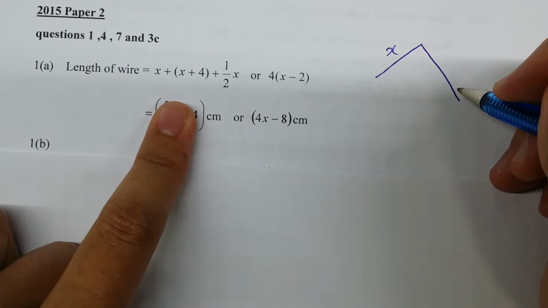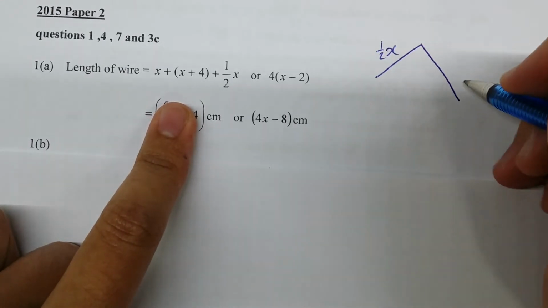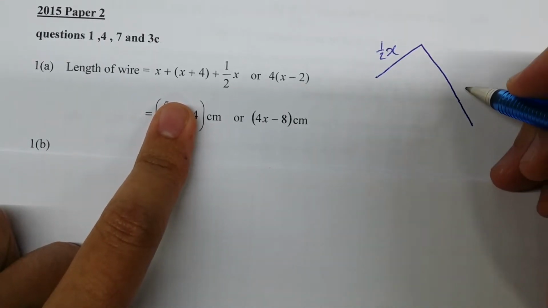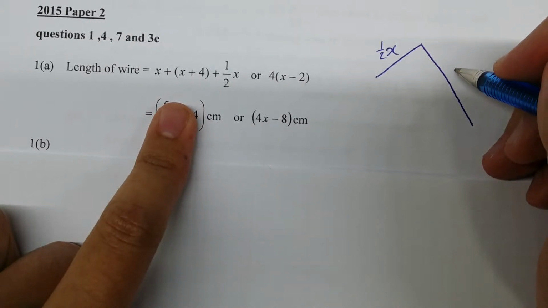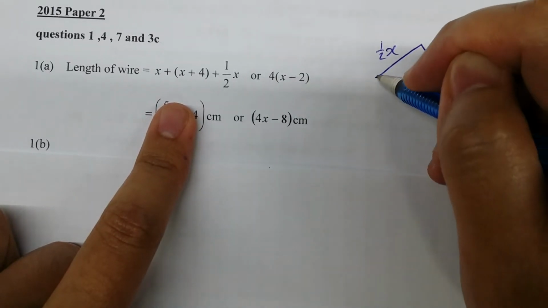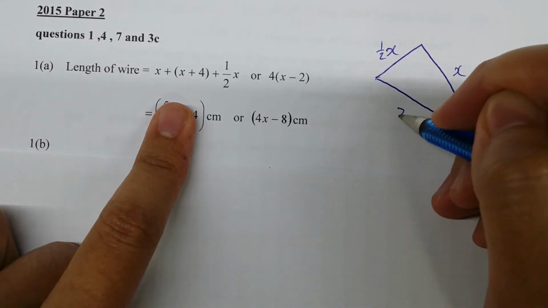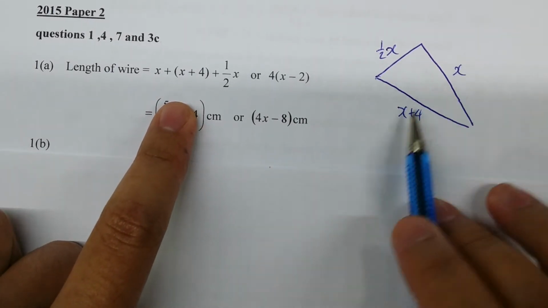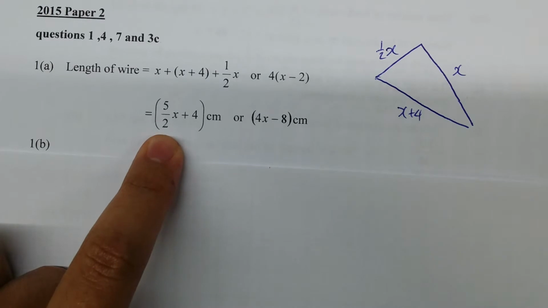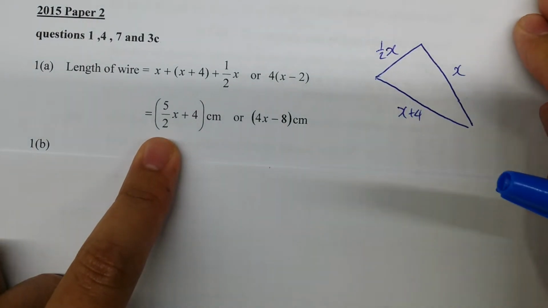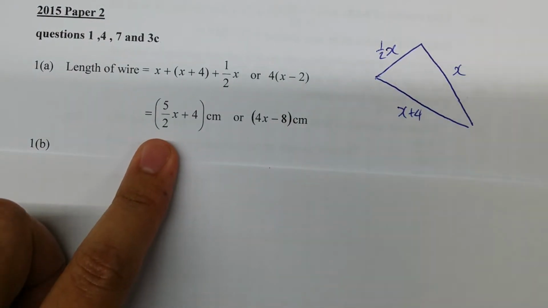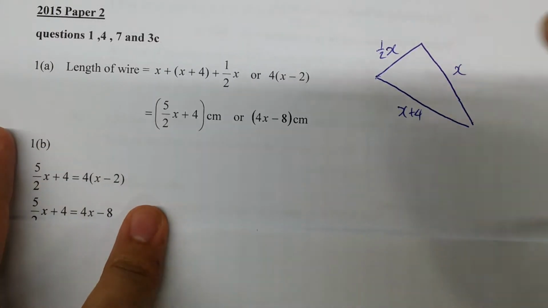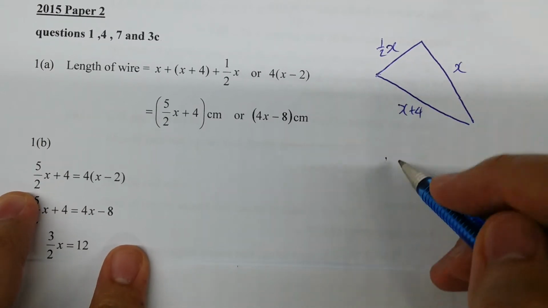The sides are x, half x, and x plus 4. So you add 1, 2, 3, add up, you get the answer. Now they say the same piece of wire can be used to form a square of sides x minus 2.